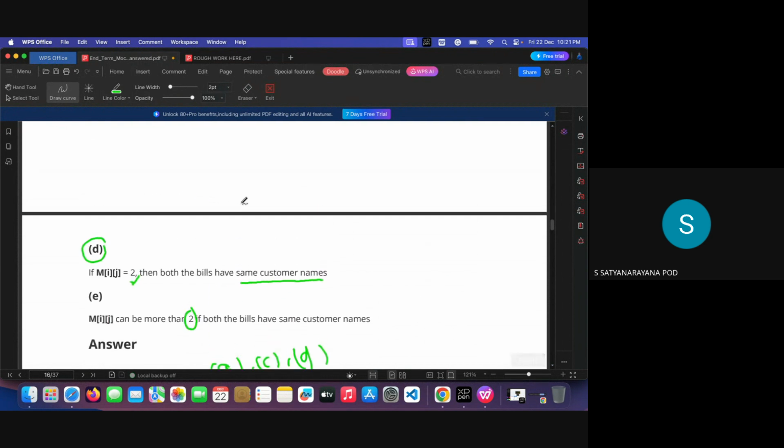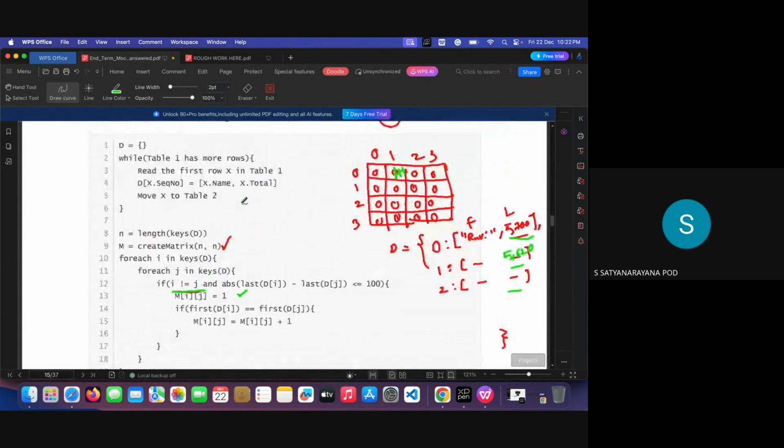Plus 1 is done. If the same customer name is found, the customer names are taken, and whenever the same customer name is there, plus 1 is done. Is it clear? We have already discussed this.